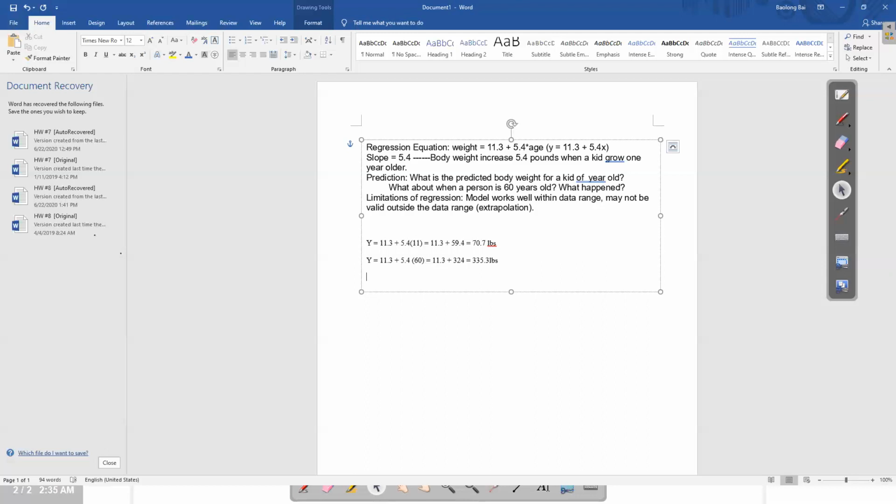So then what's going on there? We use the same equation. We make sure the calculation is correct. There's no calculation error here. So then what's the issue? What's the problem? Okay, so this is related to a term called extrapolation.